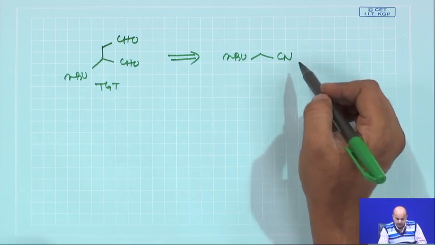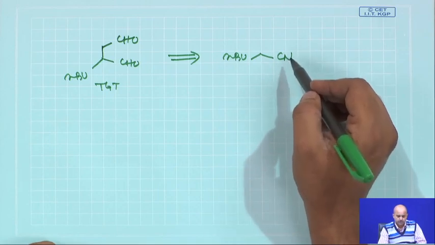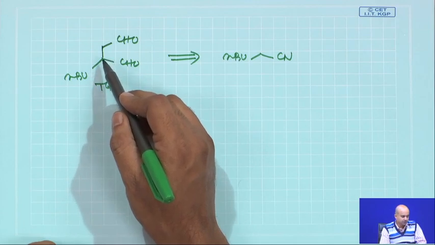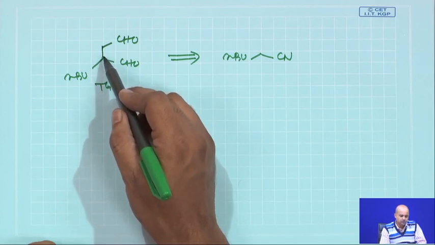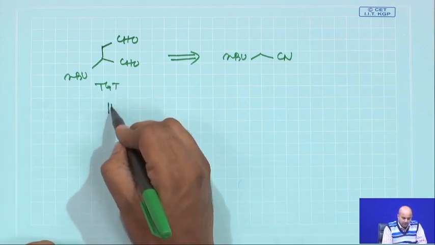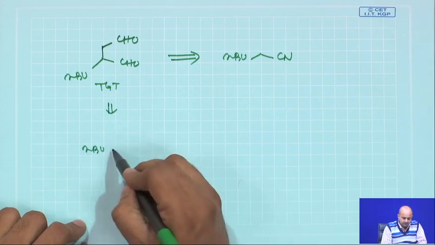Now, all of us know that nitrile can be converted to CHO, that is for sure, but then you need to introduce another CH2CHO group here. So, let us first do this thing here.